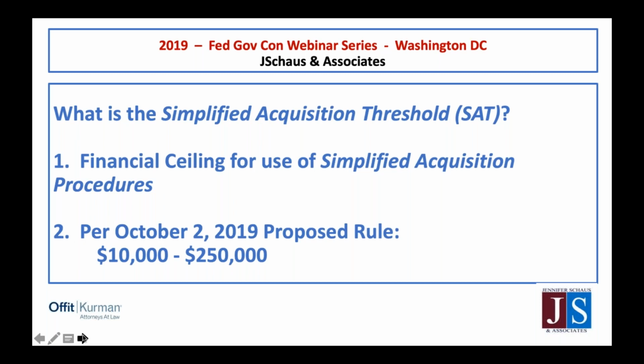The Department of Defense began to use the $250,000 SAT in the fall of 2018. So while we don't have a final rule changing the FAR officially to $250,000, most agencies have been using it for some time.